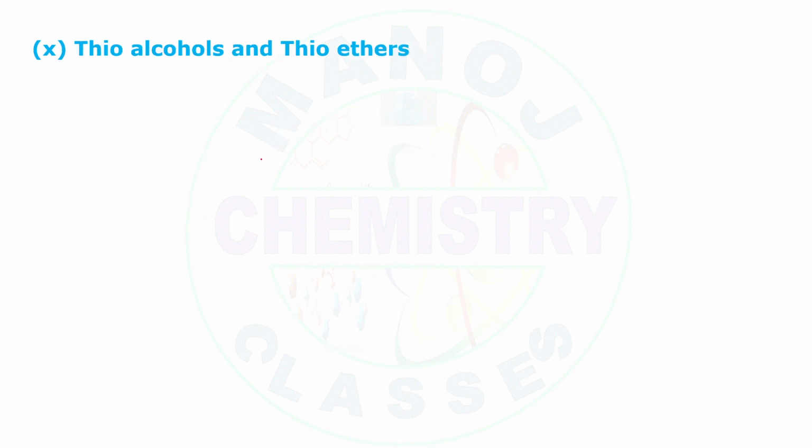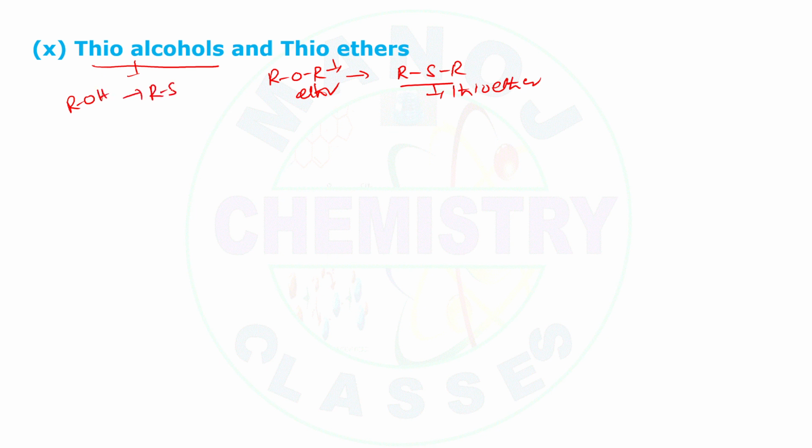Similarly, thioalcohols. In general, ROR is an ether. Instead of oxygen, if you place sulfur, this one is called a thioether, and this one is a normal ether. So these are the examples of thioethers. A normal alcohol is ROH, whereas a thioalcohol is RSH.